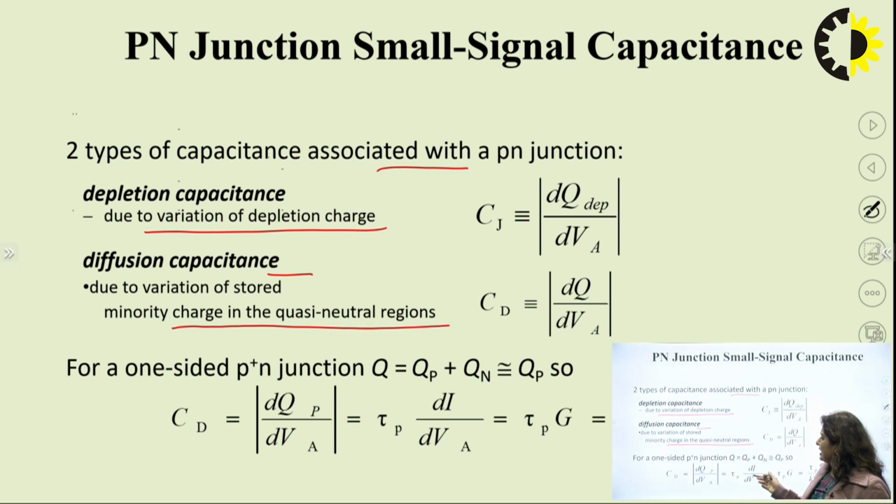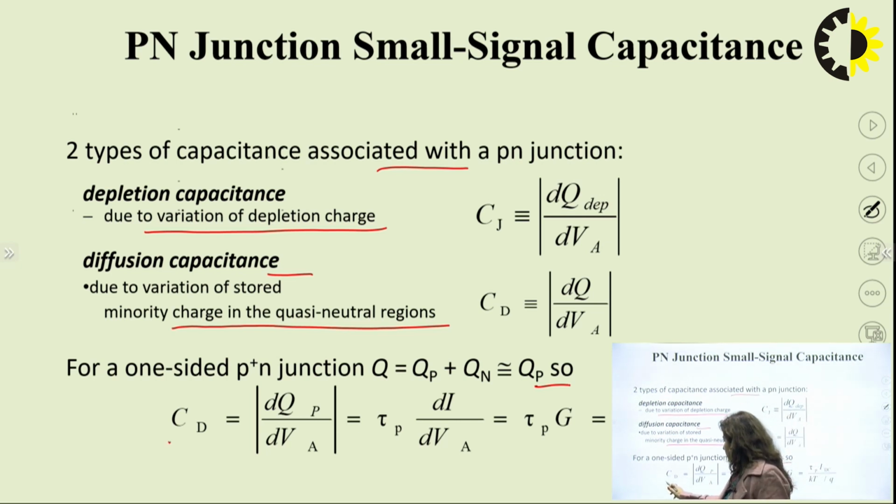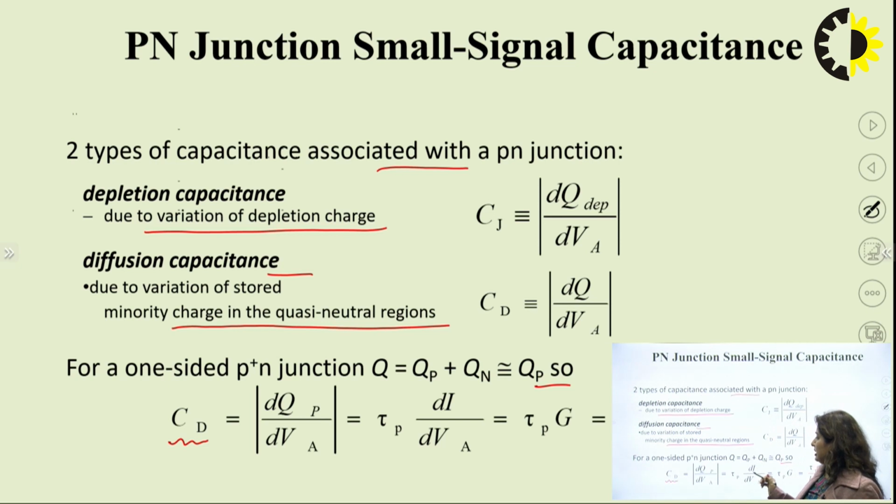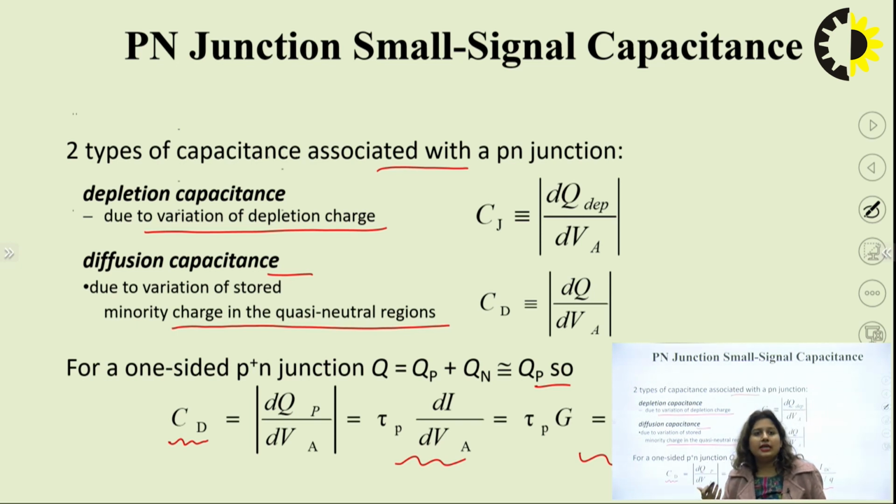For a one-sided p-n junction, Q is equivalent to Qp plus Qn, which is the total combination of the charge in the p and the n region. The diffusion capacitance is given by dQp upon dVA, or by tau p di upon dVA, which is equivalent to tau p into G, that is tau p into IDC upon KT by Q, which we have called conductance.